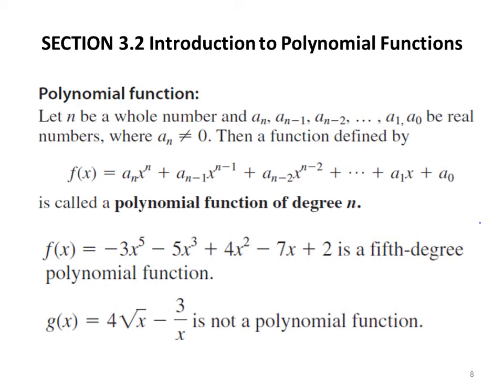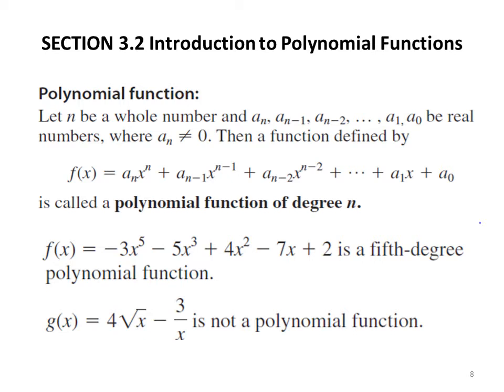We will say this is a polynomial of degree n. Here n is the highest power. Here is an example. f(x) = -3x^5 - 5x³ + 4x² - 7x + 2. This is a polynomial of degree 5.